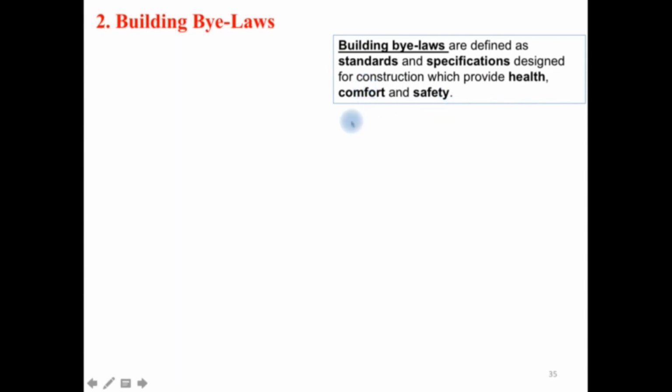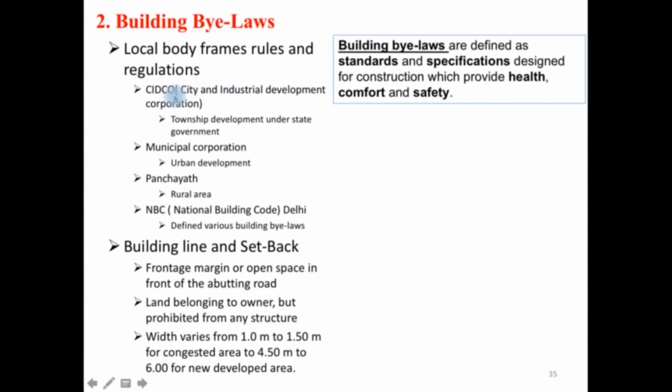These rules and regulations are given by standard bodies such as the City and Industrial Development Corporation. They give the standard guidelines for township development under state and government, whereas the municipal corporations give the standard guidelines for urban development, for example Ahmedabad Municipal Corporation.